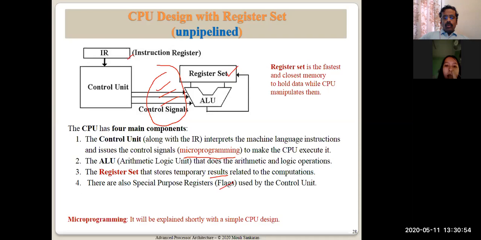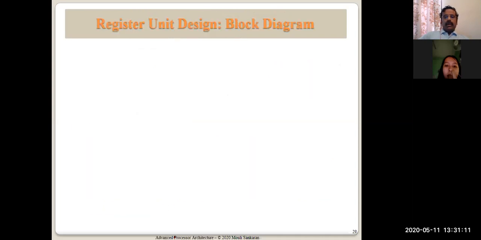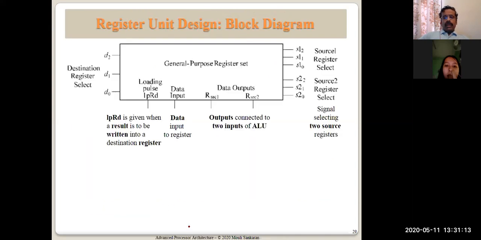And you know about flags also: carry flag, overflow flag, sign flag, all those things. There is some internal bus structure wherein data from registers is exchanged between the ALU and different registers within the CPU. Now let me give you an overview of a register set. A register set is a set of registers.